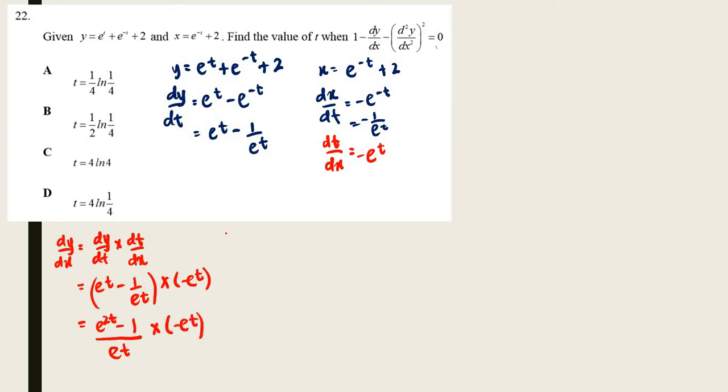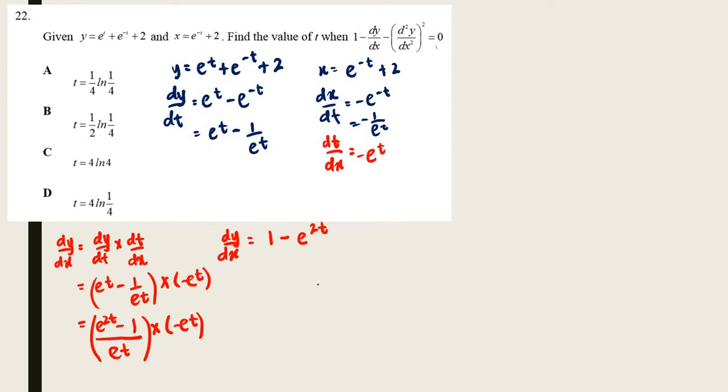So we will have that our dy/dx, if we simplify, is 1 minus e^(2t), because we expand this first. Expand these two terms and then divide by e^t. So we get dy/dx equals 1 minus e^(2t).